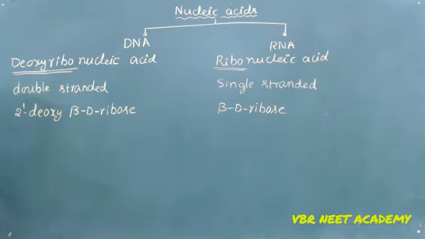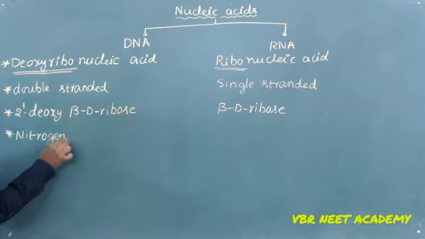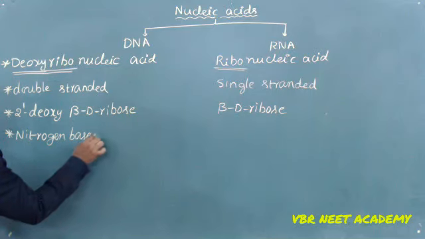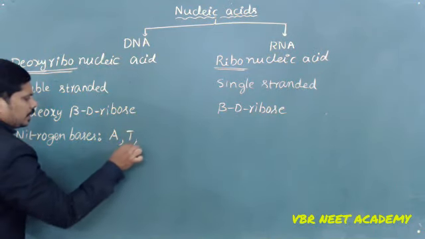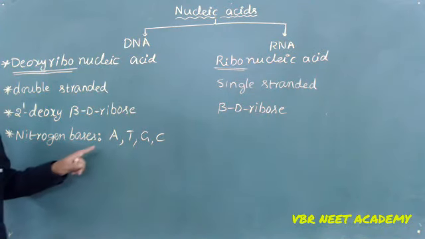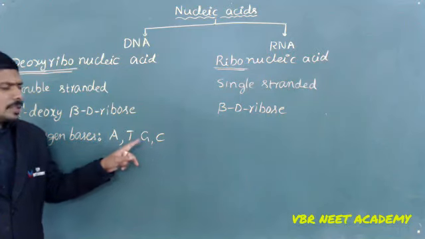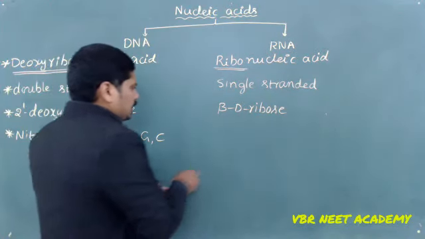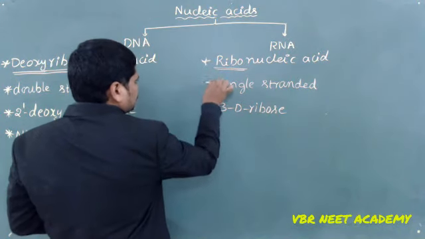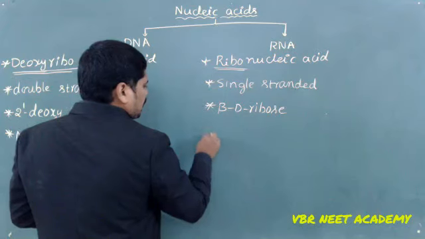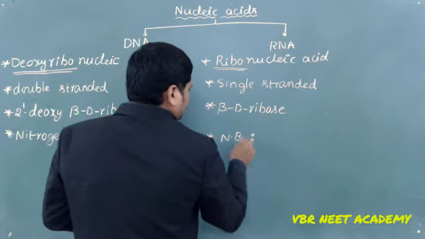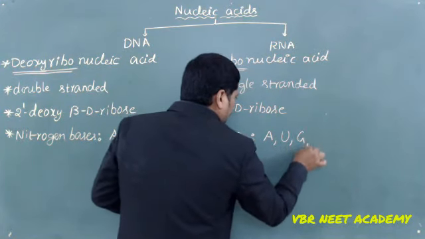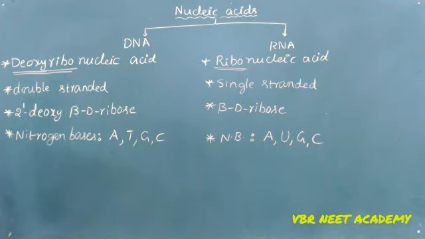And if you are coming to this one, the nitrogen bases present are A, T, G, C. These four nitrogen bases, adenine, thymine, guanine, cytosine will be present here, whereas here the nitrogen bases are A, U, G, C. Adenine, uracil, guanine, cytosine.